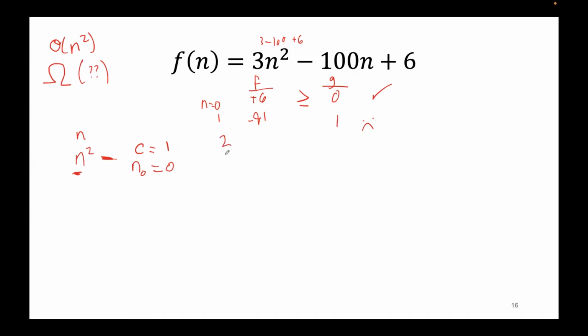Otherwise, we keep, I mean, I think, yeah, 50? Let's check 50. Can someone plug into a calculator? 50 squared, 5 squared is 25. Wait, no, there's only 1 zero.